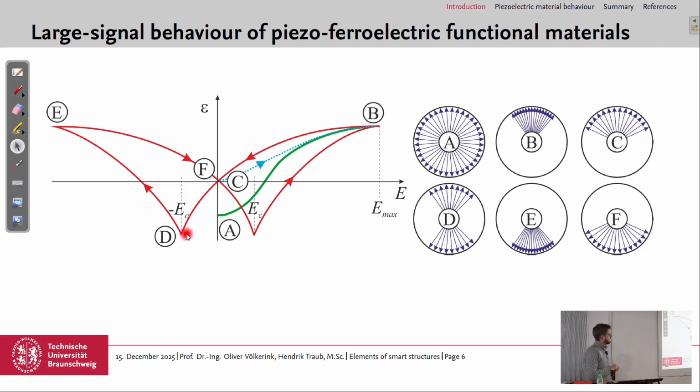And then we go up again to point E when we increase the field again. Here we have a strong polarization again, but in the other direction compared to point B. And if we then decrease the field, we are coming to point F, which is the corresponding point to point C, but again with the other direction. And this is the large signal behavior, so between minus Emax and plus Emax.